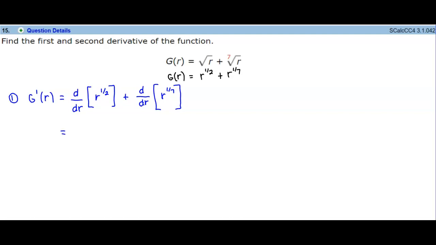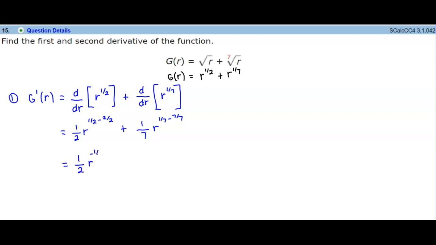Okay, so remember that when you're taking the derivative, we're going to use the power rule. So this is going to be 1/2 times r to the 1/2 minus 1, which is the same thing as 2/2. Plus, in this case here, the power rule, so we have 1/7 times r to the 1/7 minus 1, which is 7/7.